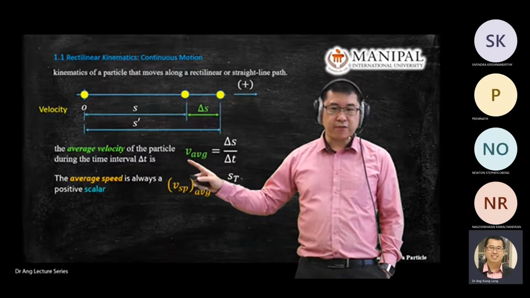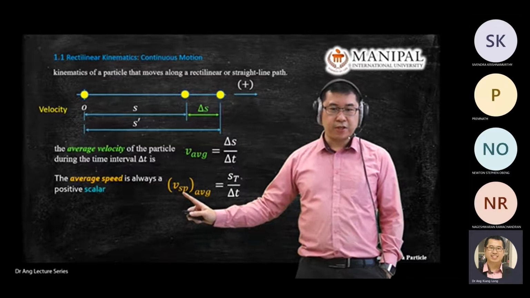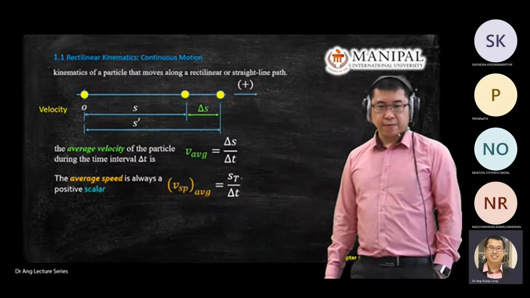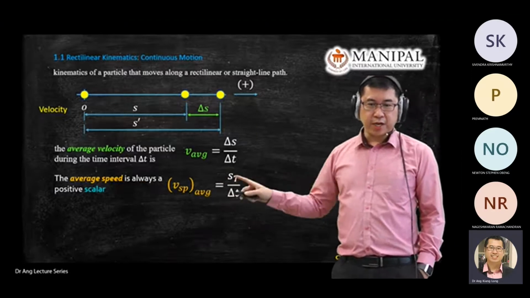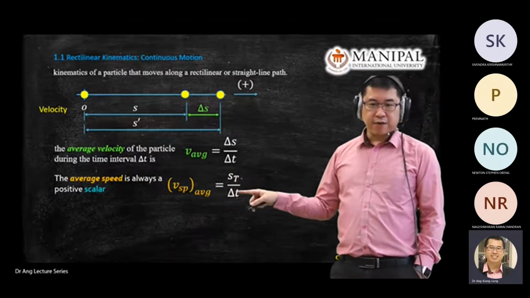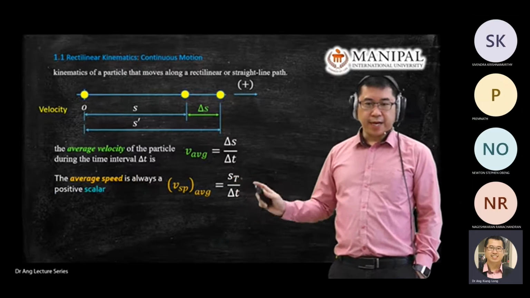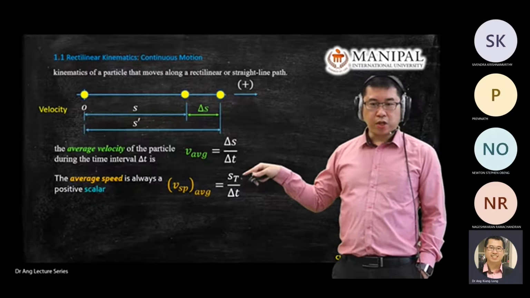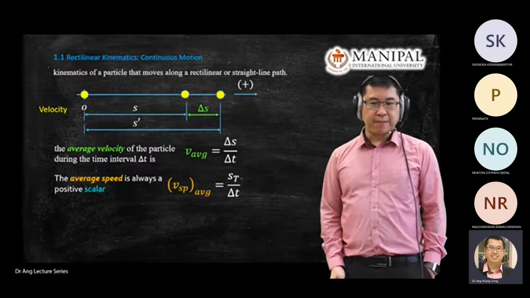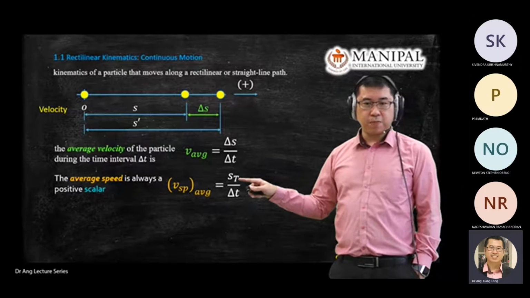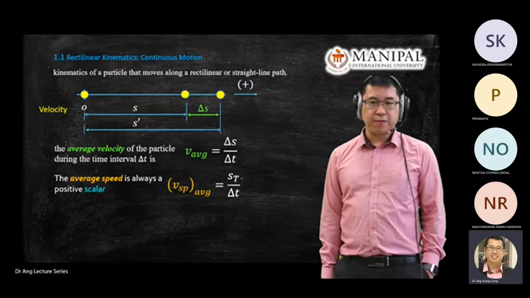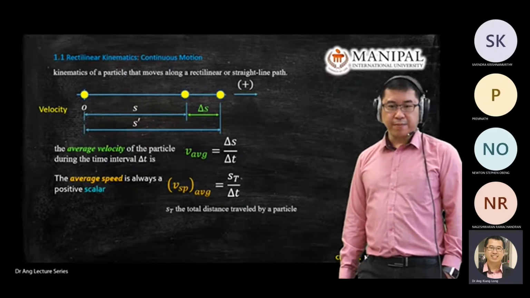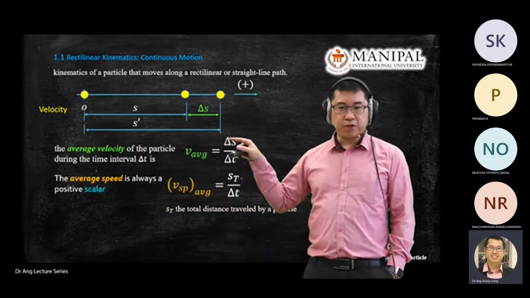If you write V, it means velocity. If you refer to speed, then you use SP below the V. How do you define speed? I highlight it with the orange color. You take S_T divided by delta T. What do I mean by S_T? S_T is the total distance that the particle has traveled, divided by the time traveled by the particle. I'll give you one diagram later on. There is a difference between velocity and speed.